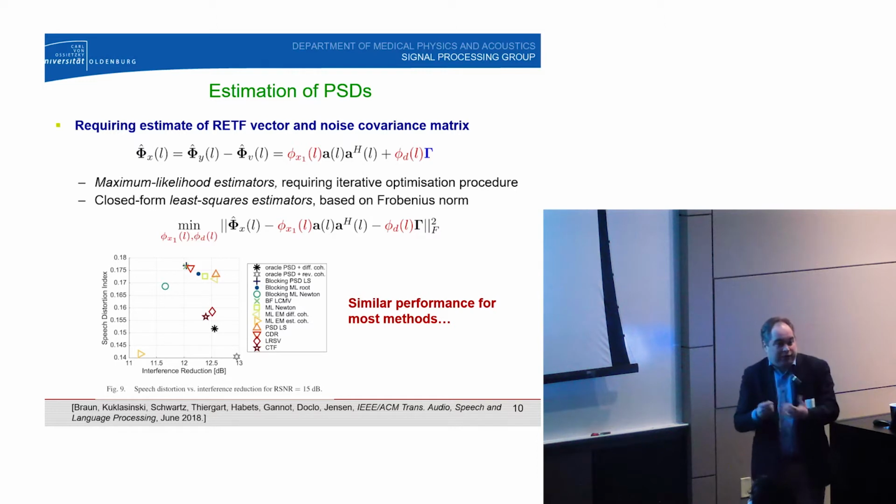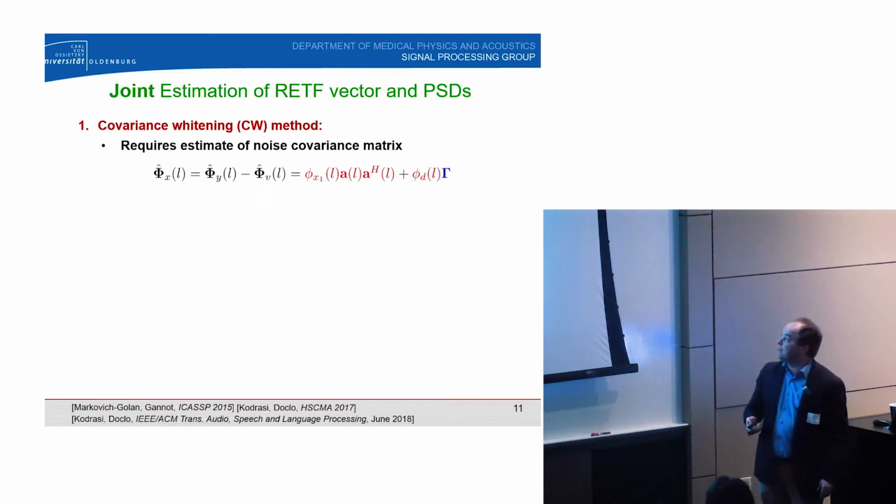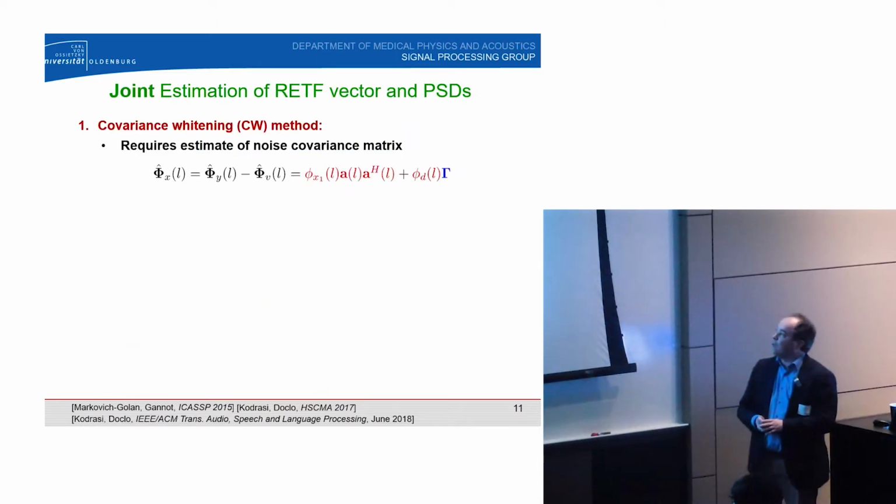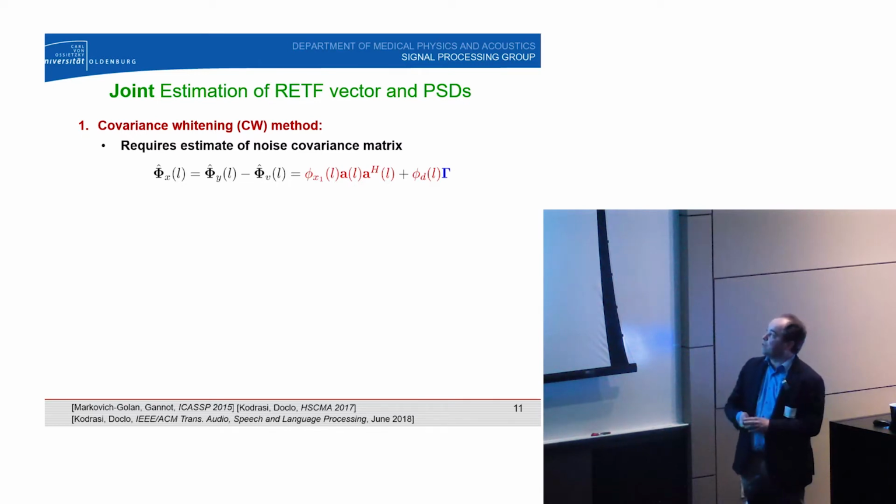So what if you now want to estimate both the RTF vector and the PSDs? That's what is really required. There are actually 2 techniques I want to briefly touch upon. One is still requiring an estimate of this noise covariance matrix, and now we want to estimate A and these PSDs.